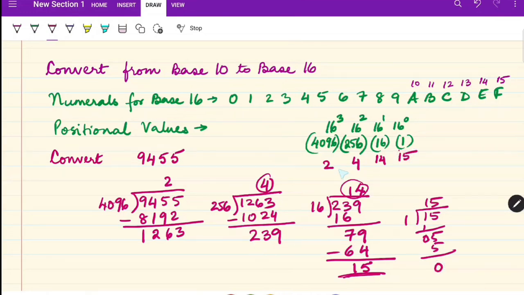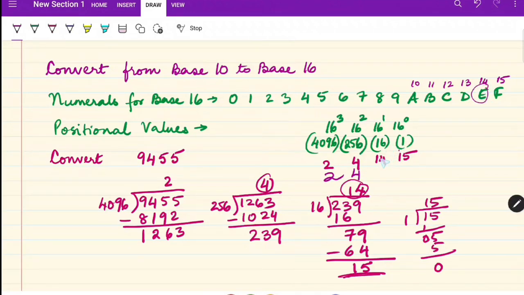So now we have to put everything in the numerals for base 16. So we have here, and I'm going to use a different color. All right. So 2 is 2. So we keep that. Then 4 is also a numeral in the base 16. So 2, 4. But 14 is E, correct?